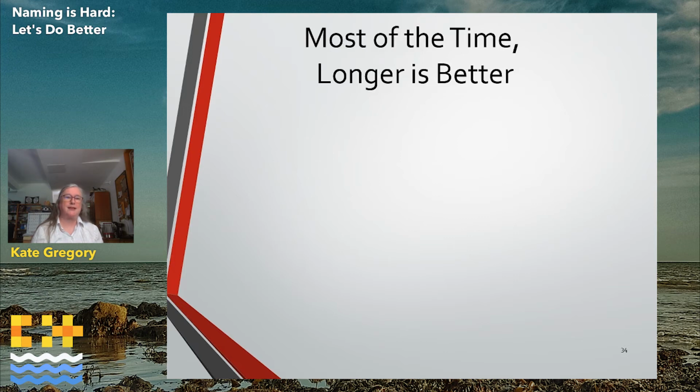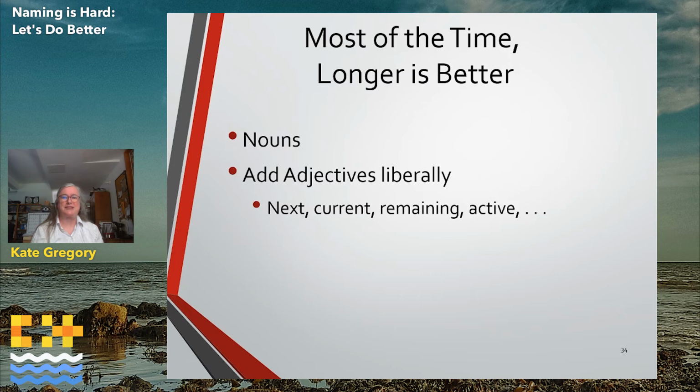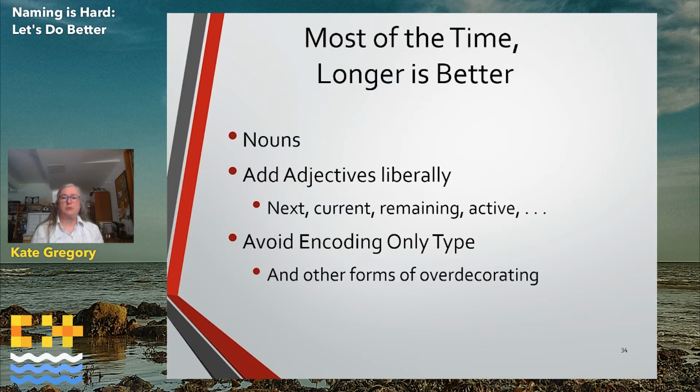But most of the time, your variables should have long names. And I don't mean like d3, ooh, that's twice as long. No, real names. Nouns. Better still, a noun with an adjective. Right? The next whatever, the current whatever, the remaining whatevers, the active whatevers. Too many people basically put the type and nothing else in the name.